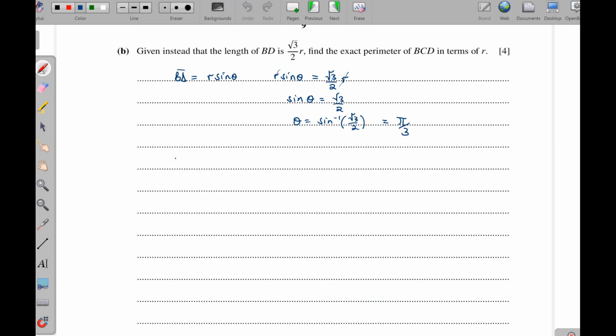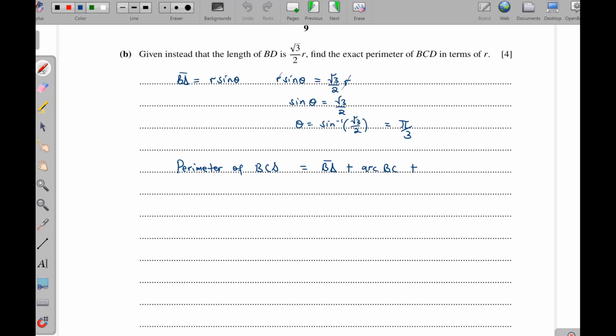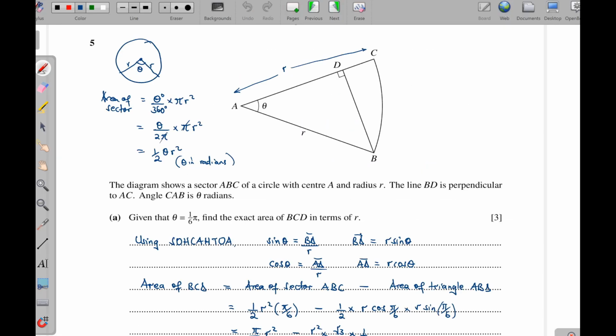Perimeter of BCD is going to be equal to BD, plus the arc length of BC, and then plus, what else do we have? CD. Now, how do we get the CD? CD here will be this R, then minus the AD, which we have here as R cos theta, right?